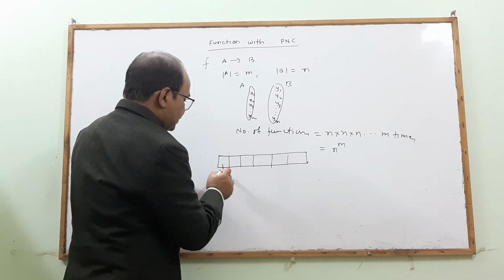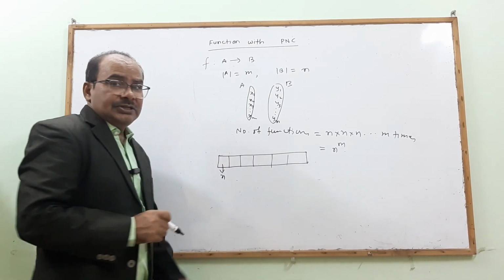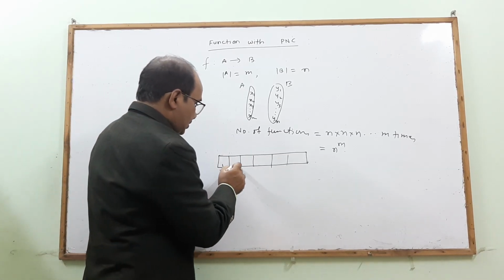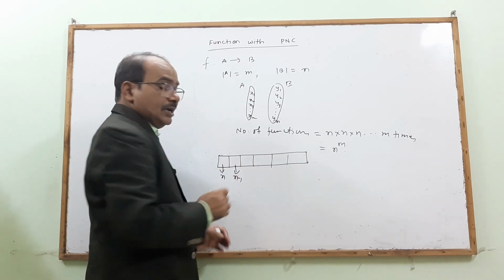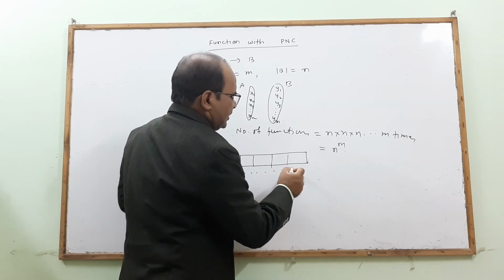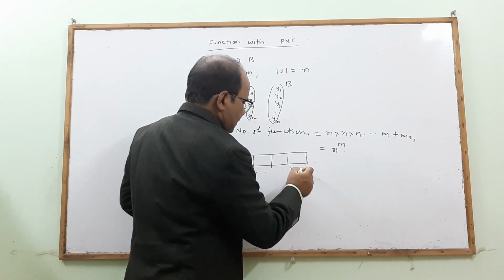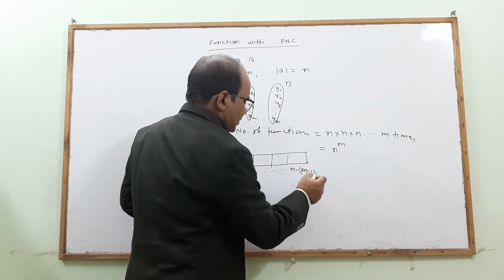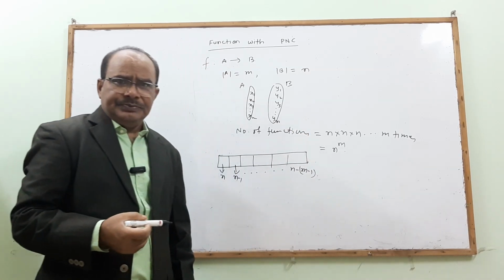For the first place we have n choices. For the second place we have n minus 1 choices. In the same way we can write n minus (m minus 1) for the last rectangle.